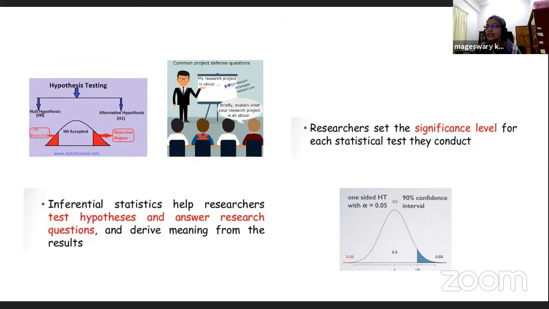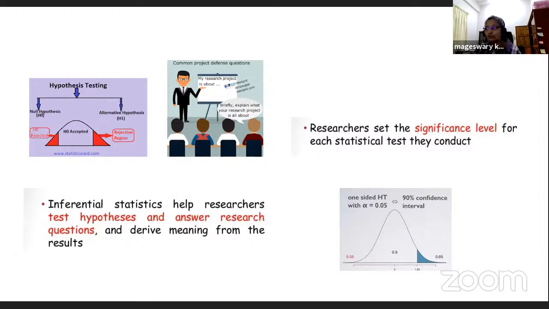But in the inferential statistic, the first difference is that inferential statistics involves hypothesis testing. So that means you have a hypothesis, for example a significant difference between pre and post test. Now you need to test that. In order to test, you have certain data analysis. That is the first point, hypothesis testing.